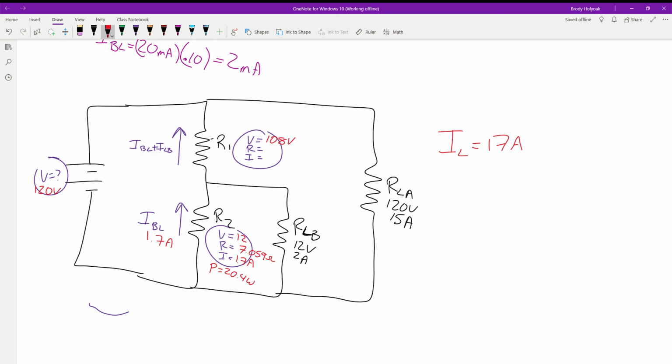How much current do we have going through R1? 3.7. What's the resistor we need? 29 point what? And how much power do we have across that guy?